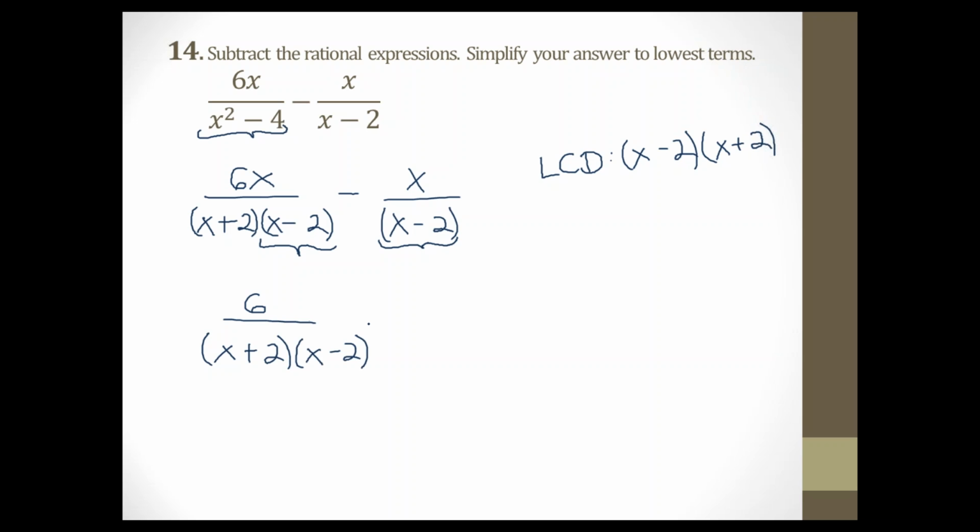that one is missing the x plus 2, so we're going to multiply numerator and denominator by x plus 2, like you would if you would be dealing with just simple fractions.